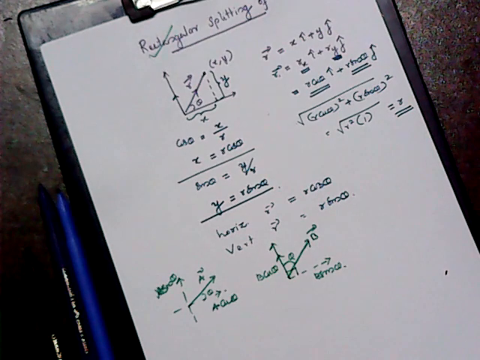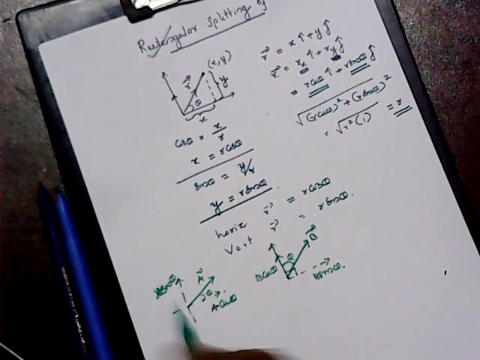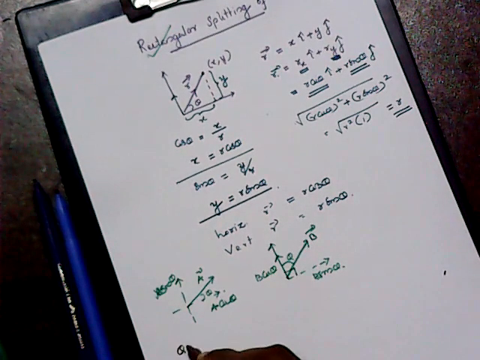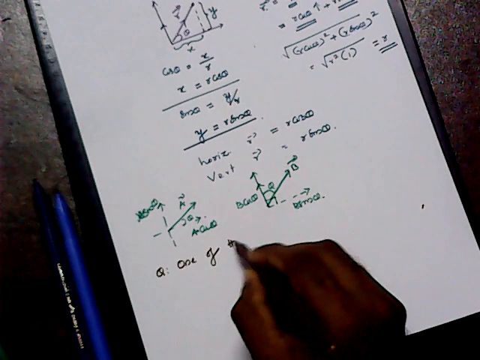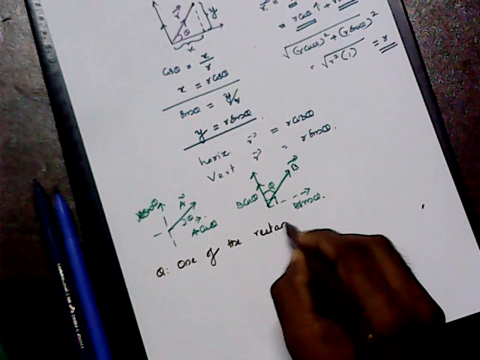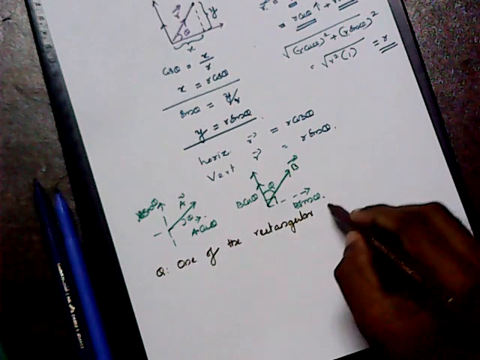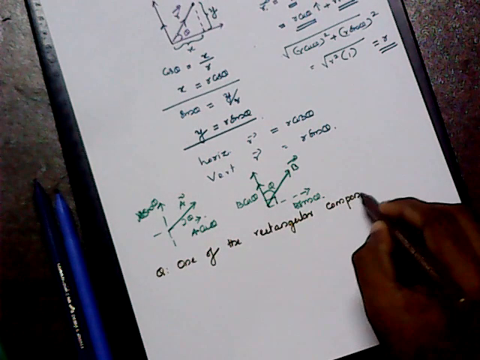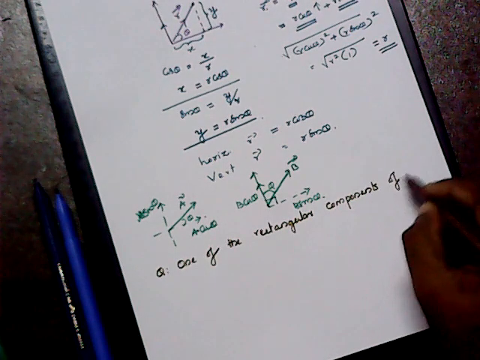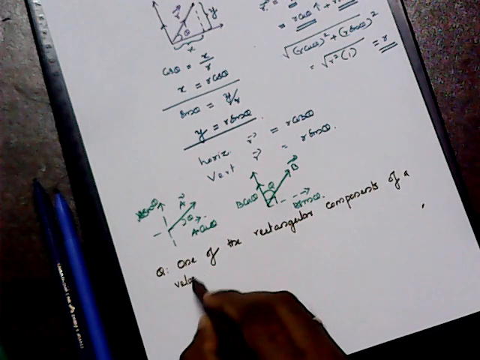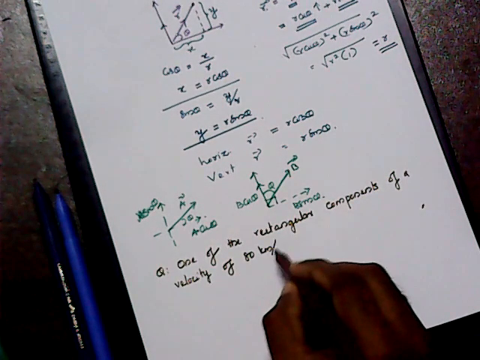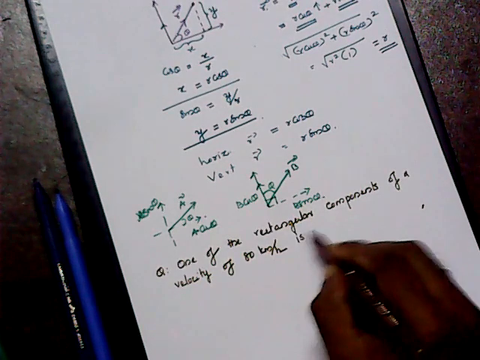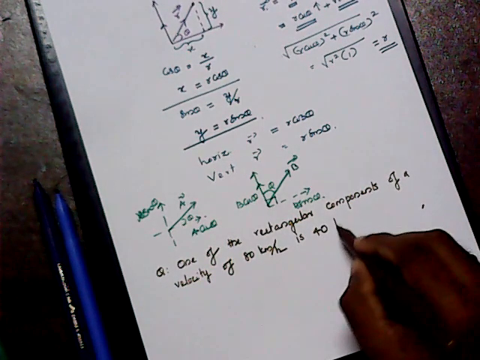See, one of the rectangular components of a velocity of 80 km per hour is 40 km per hour.